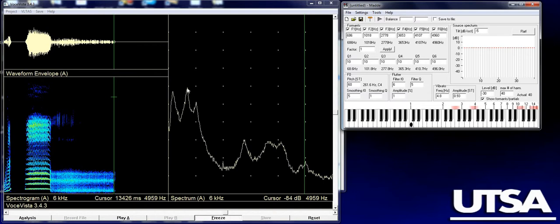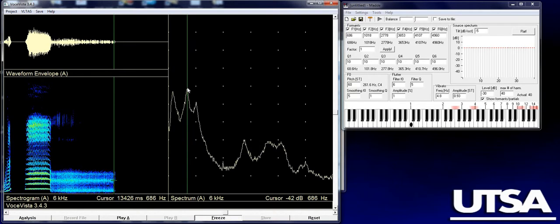So right here, again, we talked about 686 being the peak, and we're going to be looking at this number right here, which is telling us a relative decibel measurement. What we're looking for is where it's going to be minus 45. So let's scooch over. Okay, there's minus 45, and that was at 642 hertz. So that's on the low side of our peak.